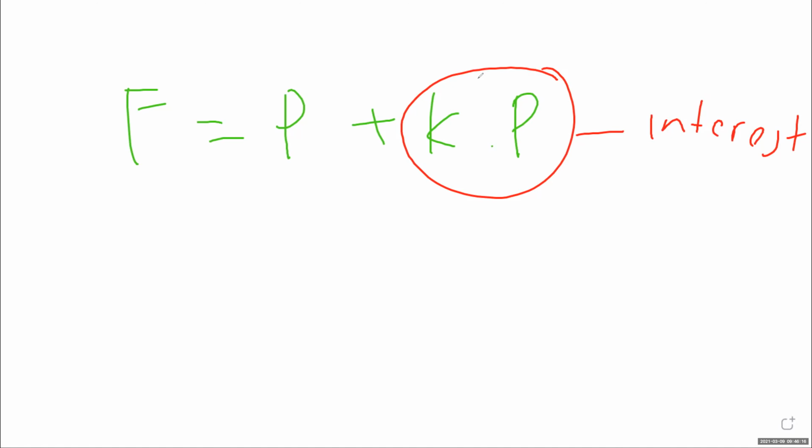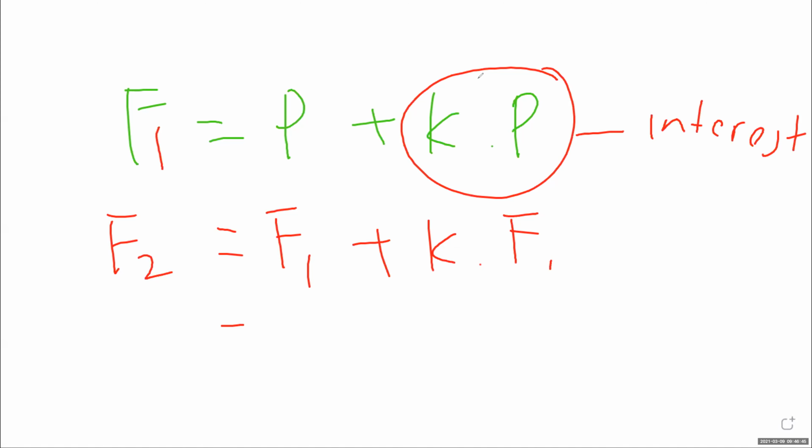Then you have the second year, this is F1, right? So if you have F2, what is that? F2 is equal to F1 plus K times F1. Correct or not? Okay, then if you want to go back, usually what you have is based not on F1 but on the principal, year 0, right?